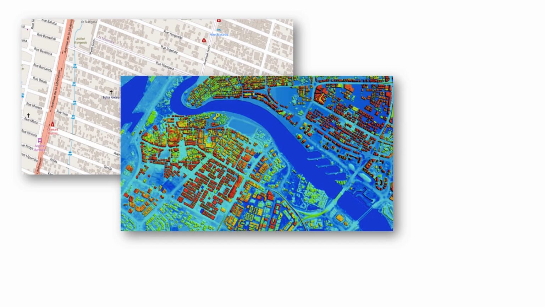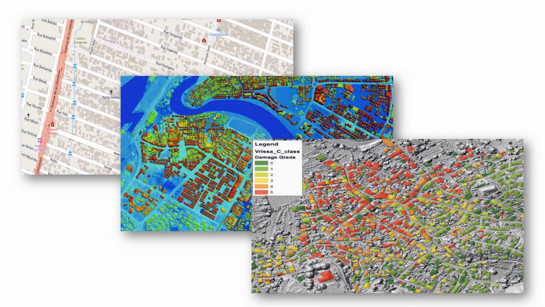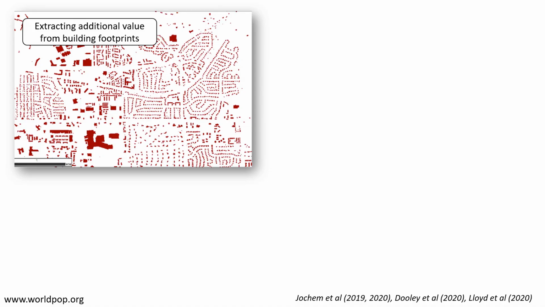As I mentioned, there are building height data sets that are becoming more and more accurate and available across the world. And there are efforts to try and, again, train AI models to recognize things like damaged buildings, abandoned villages, refugee camps, migrant settlements. So the geospatial data sets are improving rapidly.